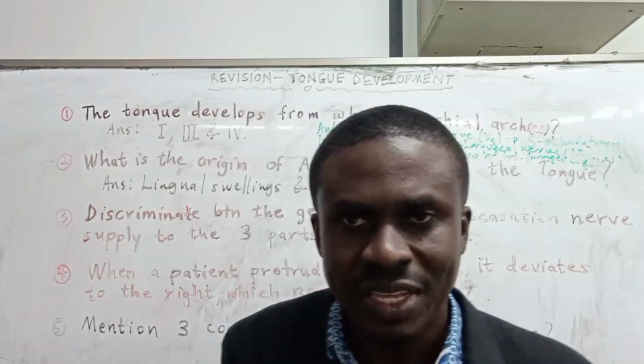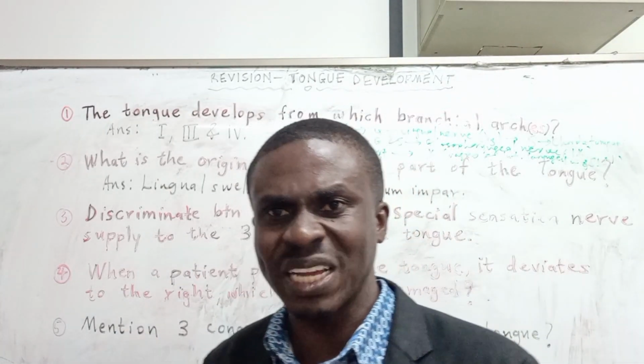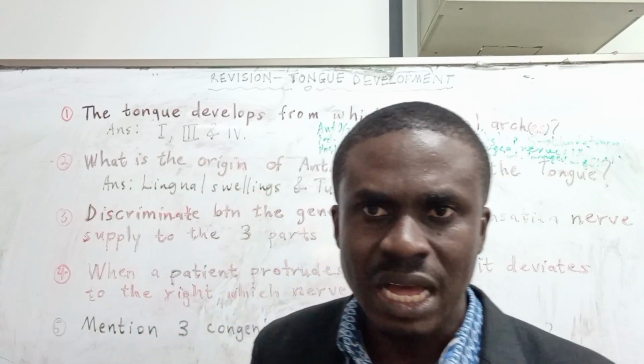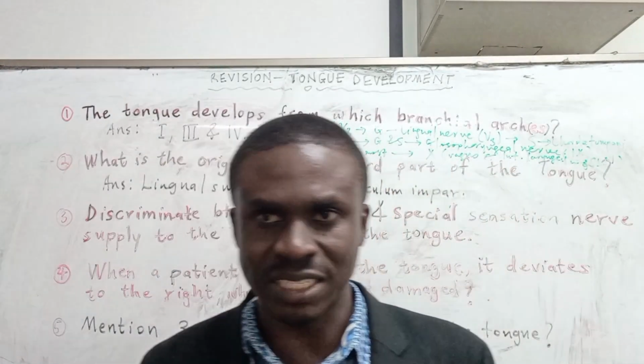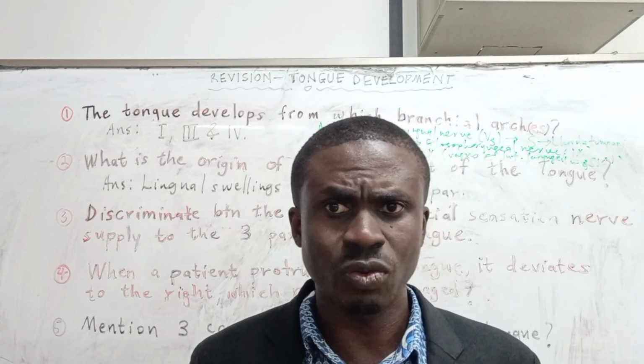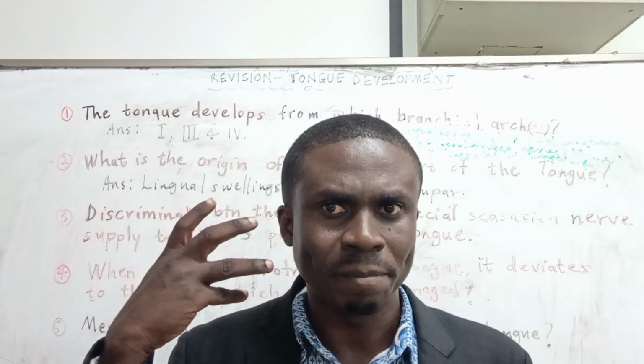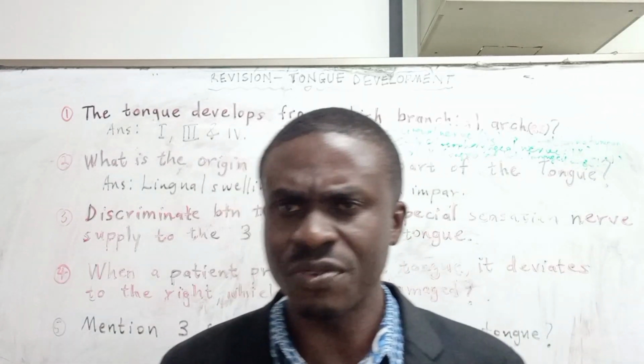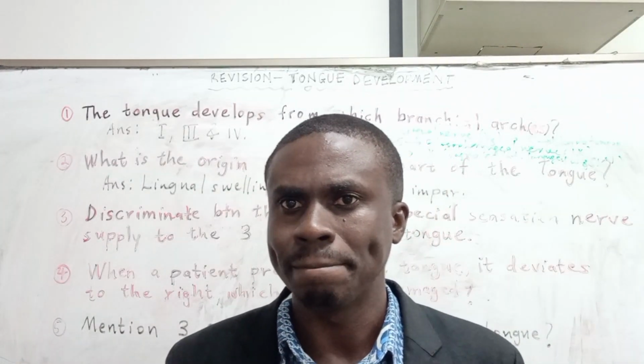Remember that I told you that these muscles will originate from the occipital somites. The myoblasts over there will migrate and come into the floor of the mouth, giving rise to these muscles of the tongue.